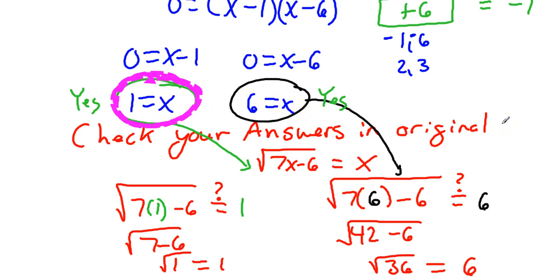So sometimes when you check them, you get a yes answer on both. Sometimes you get a no answer on both. Sometimes you get one yes and you get one no. So it just depends on the numbers and what you plug in there. And the good news is when you're doing these, most of the time the factoring should be easy.